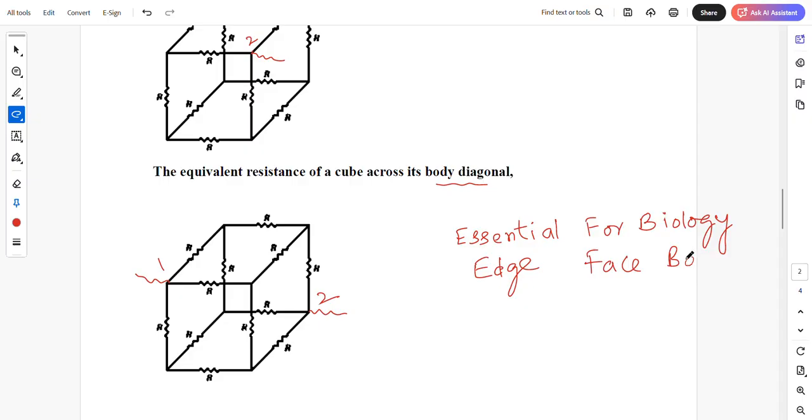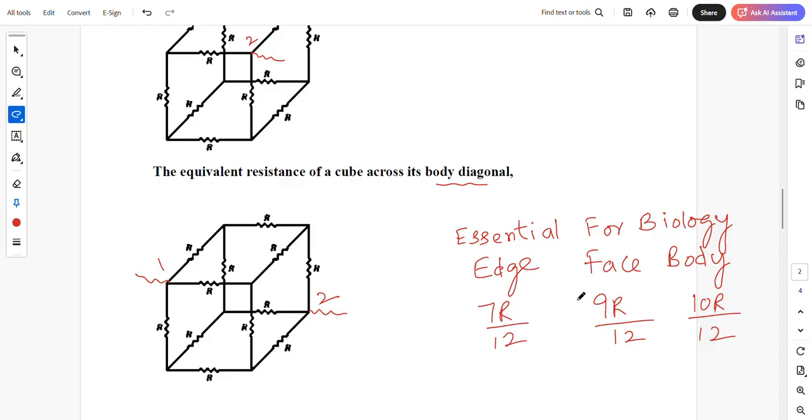Body. Now what you are supposed to remember? This is 7R by 12, and 9R by 12, and 10R by 12 you have to remember. The denominator is the same, 12 12 12. This is 7, this is 9 and this is 10.